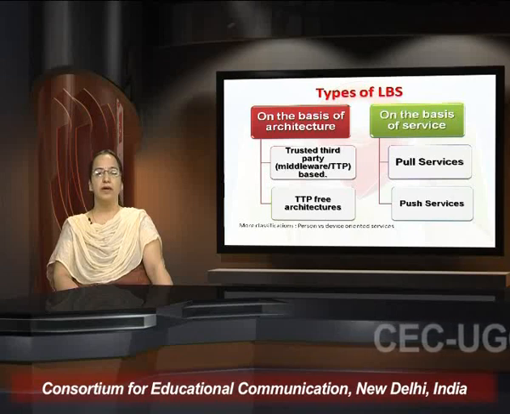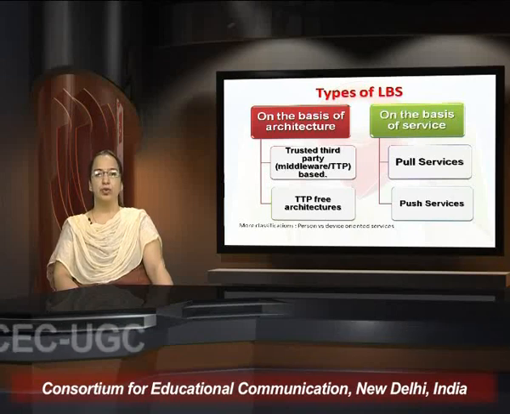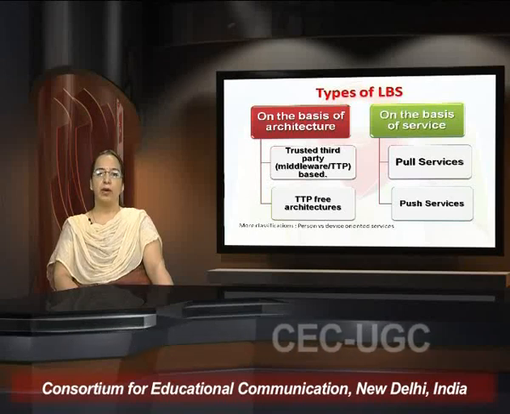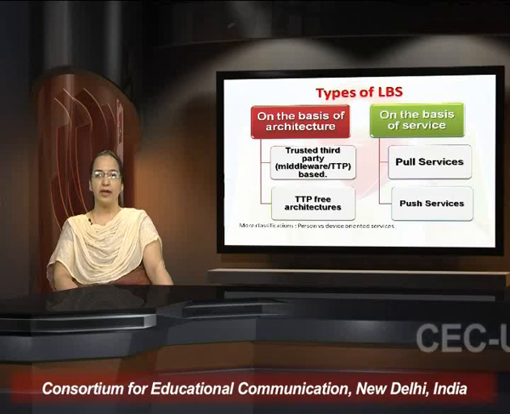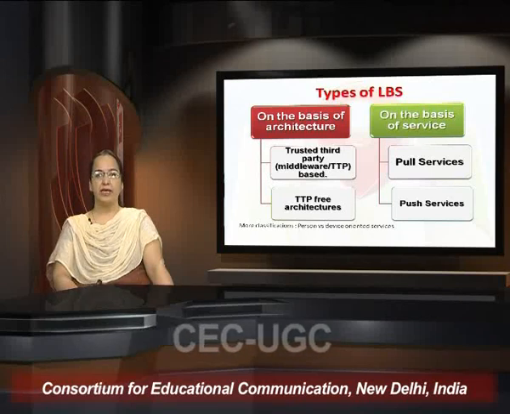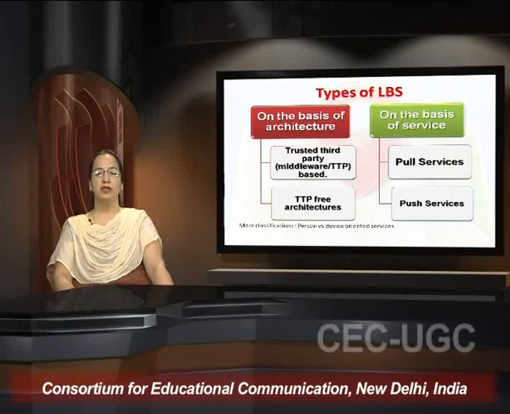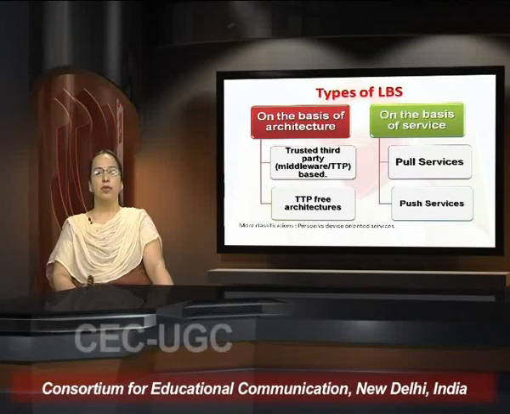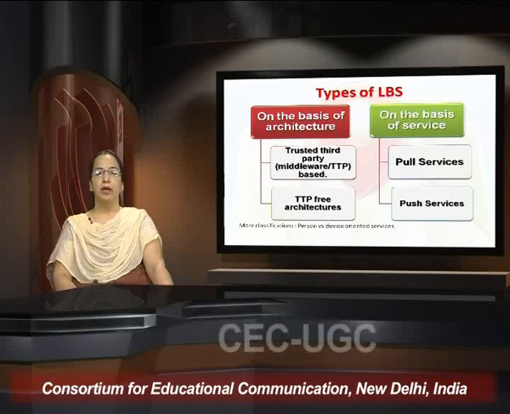On the basis of architecture, there can be two divisions: the trusted third party, TTP based architecture of location based services, or TTP free architecture. I am going to discuss TTP based and TTP free in detail. This trusted third party is also known as middleware, or it can be known by different names.